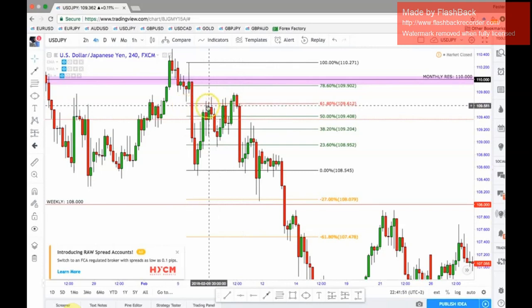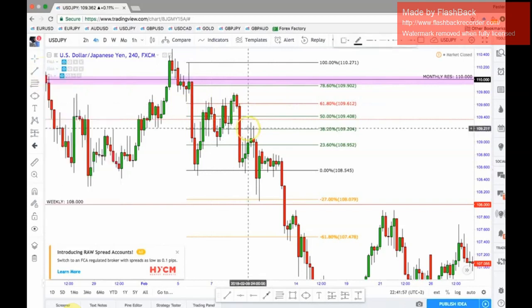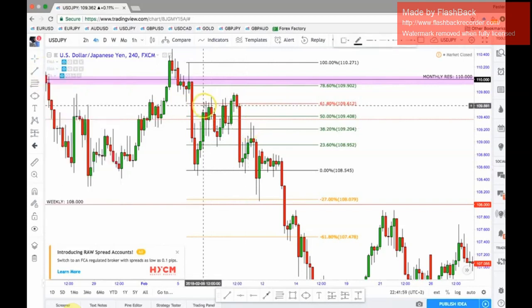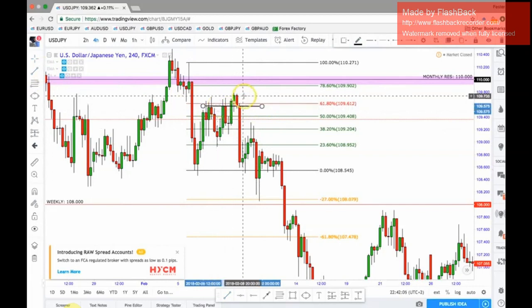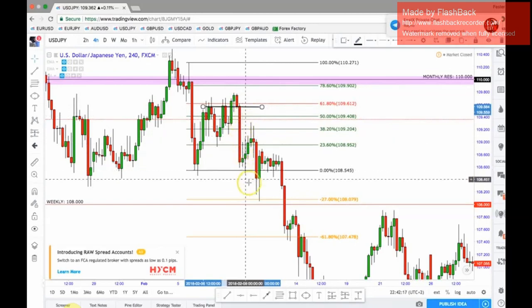If you look at 1, 2, 3, 4, 5 weeks, you would see that this area was very much respected as resistance. This area here. So when we had this bullish engulfing, we would have got an entry just here. Again, zero drawdown, and the price just moving in our favor.